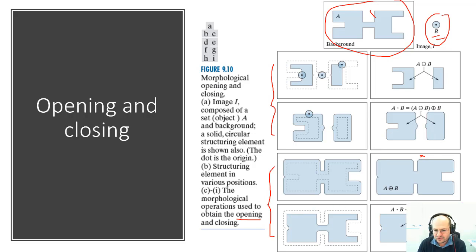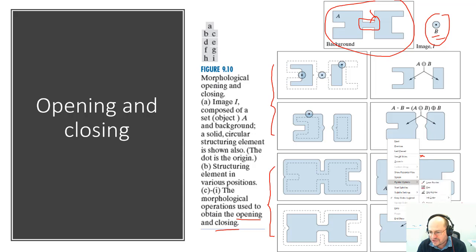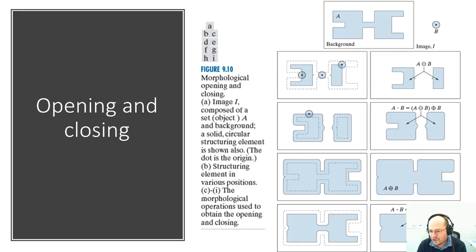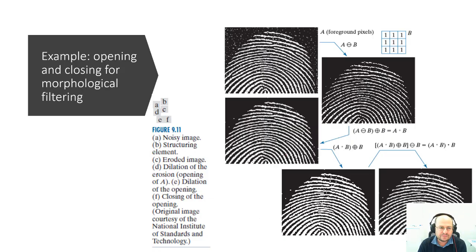So this is the result of closing. What we see is that I still have the two parts totally connected, but now if we look at the edges, first this connection became slightly fatter, slightly larger, but also the edges are very smooth from here and here and here. These are always smooth edges now.